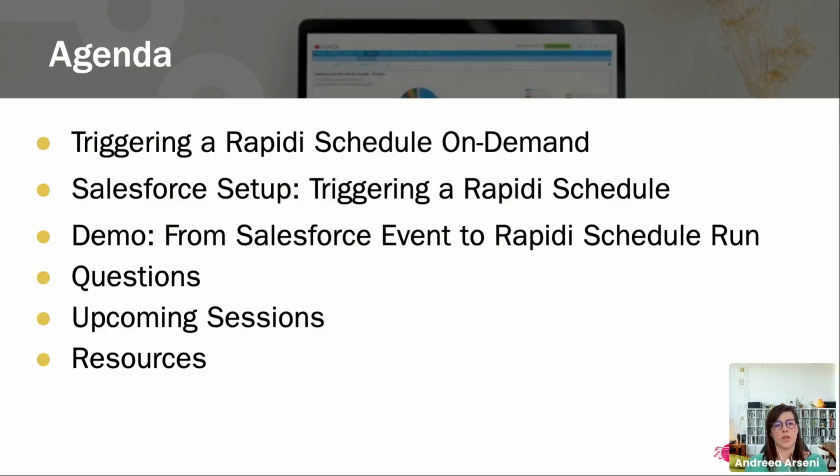Then I will show you in Salesforce how to set up everything so you can trigger that specific schedule. I'll have a demo showing how it's done, where you need to go, and what you need to do. It's a simple process, but you do have to go through certain steps.